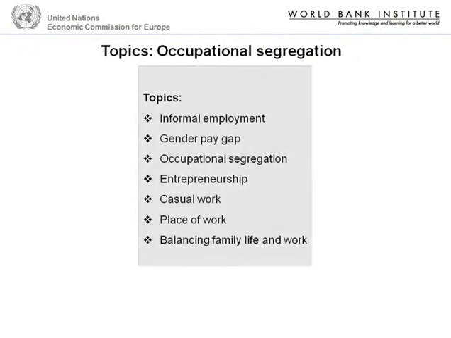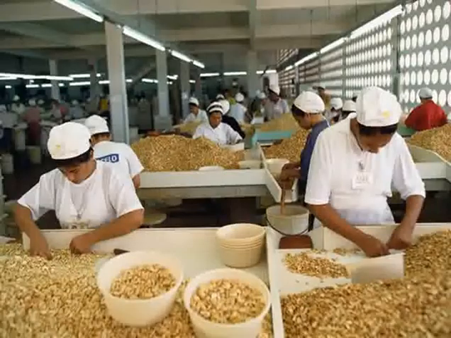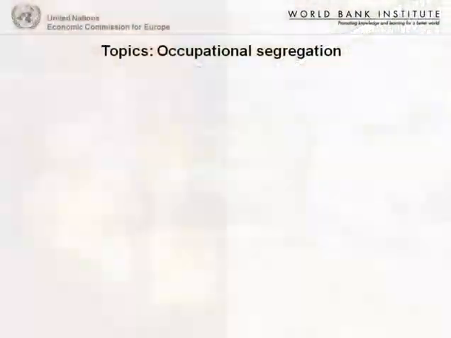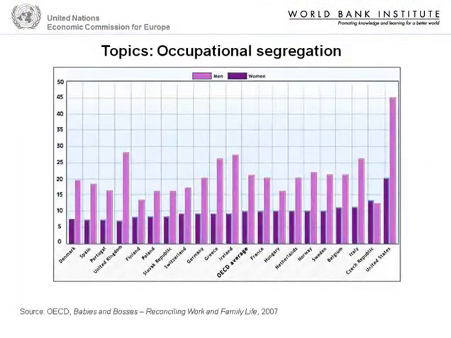And the list continues. Topics such as workers' occupations can identify serious differences between the sexes, as is shown in the following examples on occupational segregation. The graph shows how in most OECD countries, women's employment is concentrated in a relatively small number of occupations, far fewer than for men.